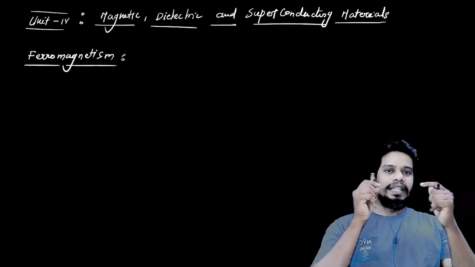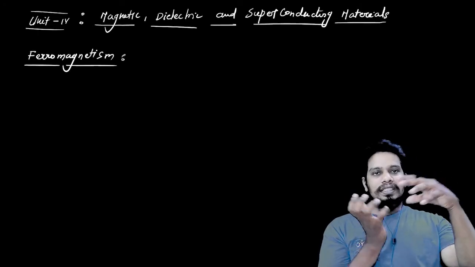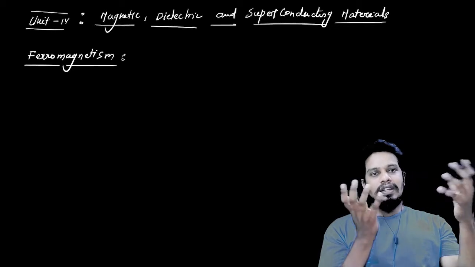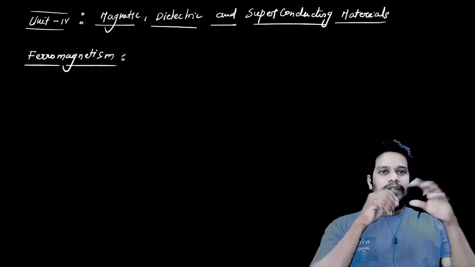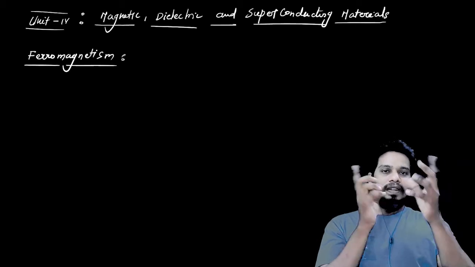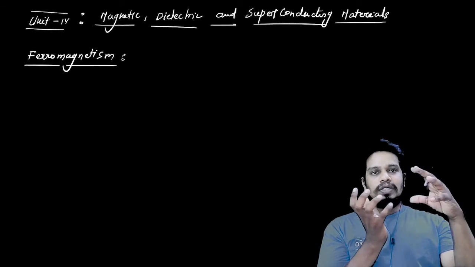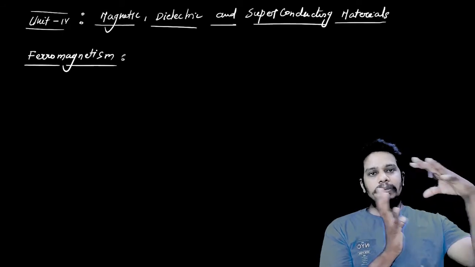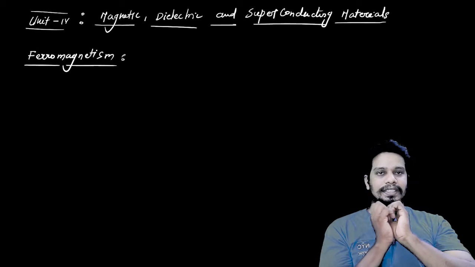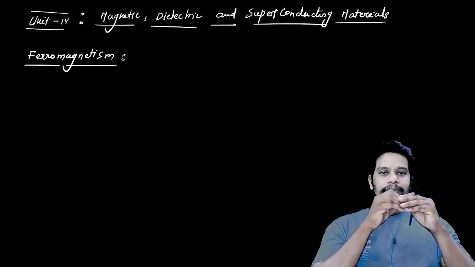So we say those dipole moments are aligned in the external magnetic field. Even if you switch off the external magnetic field, the magnetic moments align in random directions. Once you switch on the external magnetic field, all the magnetic moments are aligned in the field direction. So those materials are called paramagnetic material.